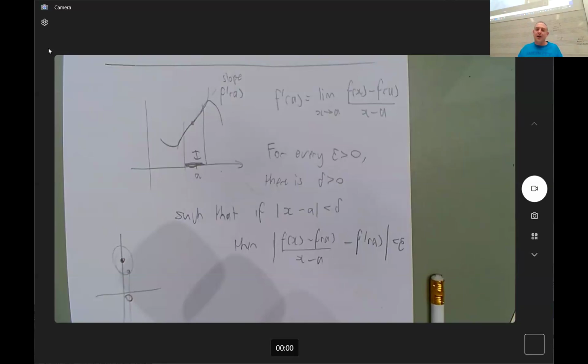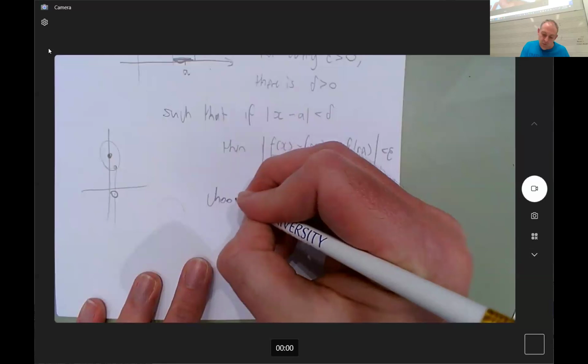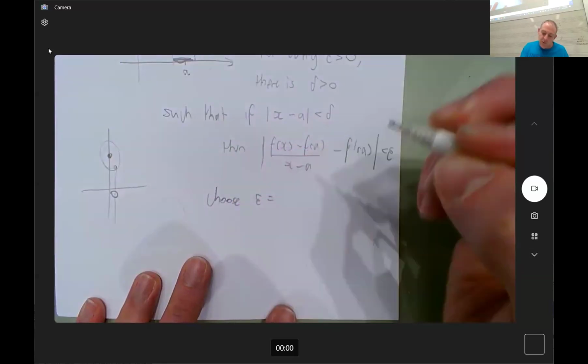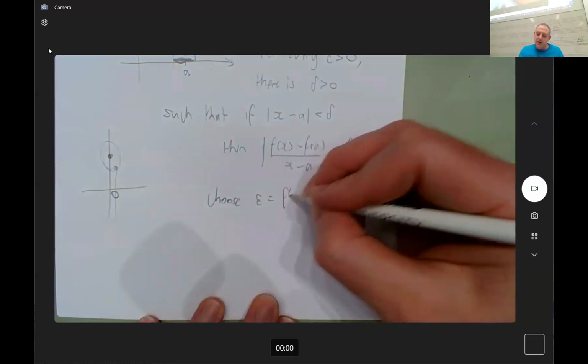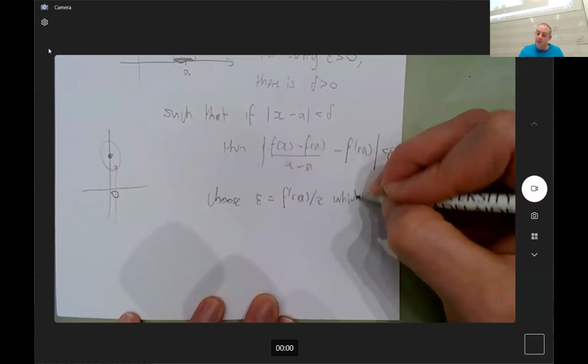So I can guarantee that there is a zone around it where this is definitely a positive number. And so I'm going to choose epsilon to be equal to f dashed of a on 2, which is positive.